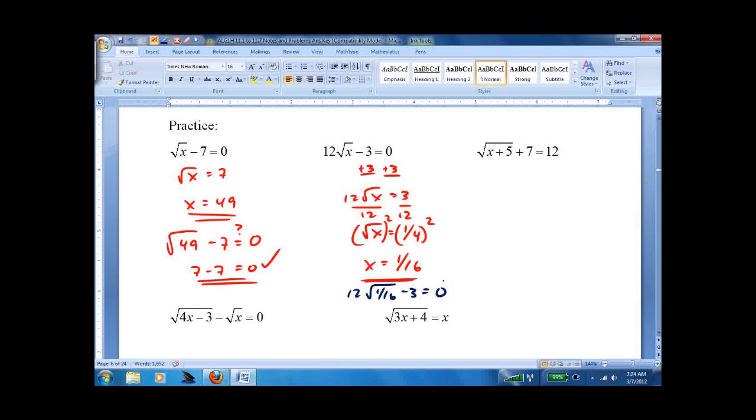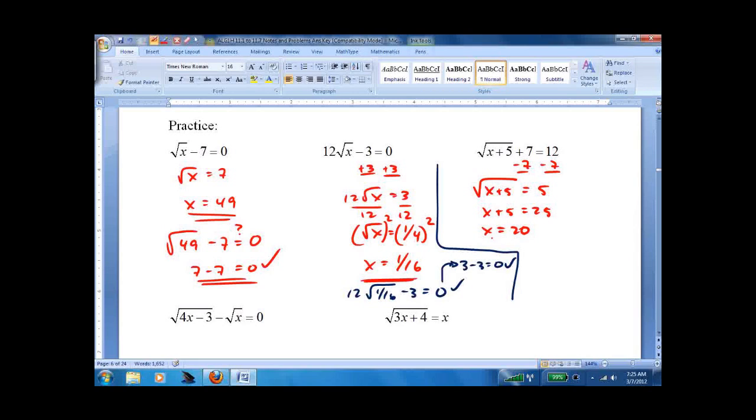Out of room for my check here, so I'm just going to drop it here. Fourth root of 1/16 is 1/4. Gives me 3 minus 3 equals 0. It checks. And now I'm starting to shortcut my steps, so watch out.